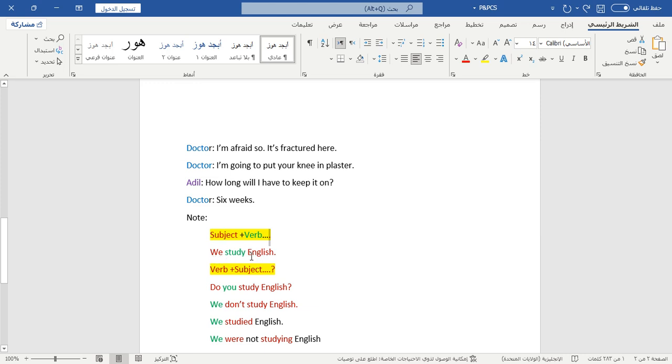We is the subject, followed by study, the verb, and we complete the sentence with the noun, English, and a full stop, as we see here.